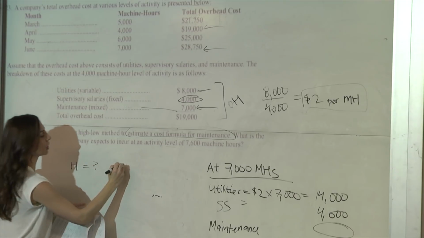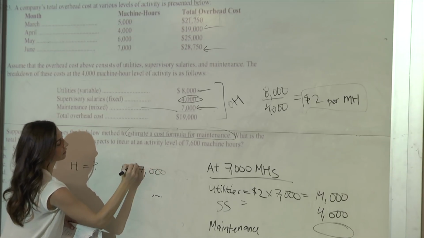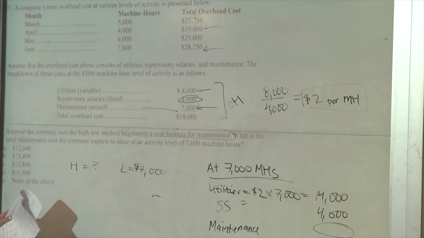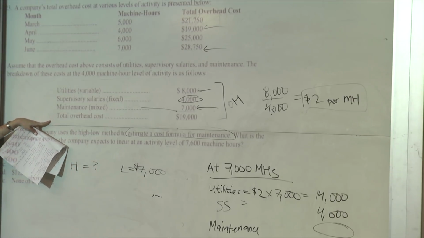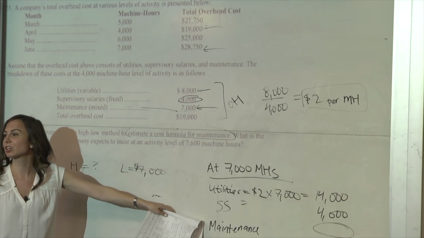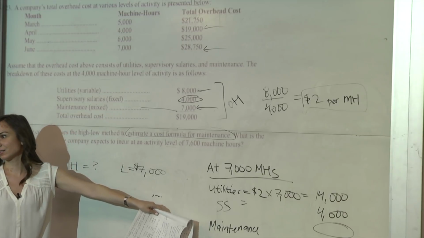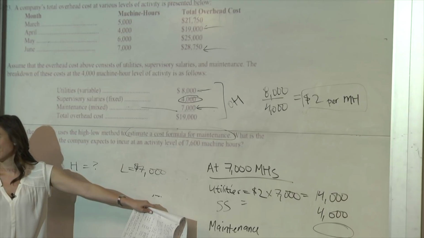But I have the low, and that is $7,000 in this case. So I'm trying to get here by using the information that I'm given for the 4,000 to arrive at basically what the maintenance cost for this high case is. Then I can continue on and do the high-low method.